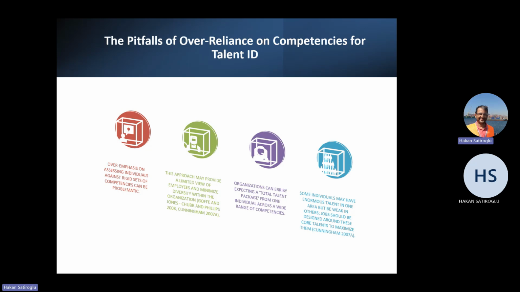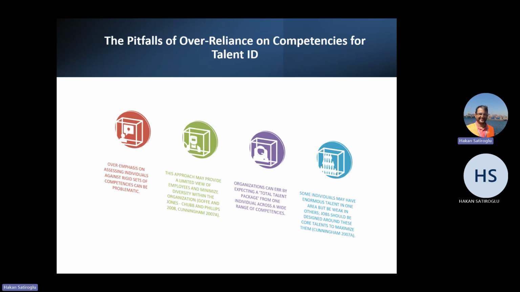True talent identification embraces nuances, diversity, and even including more weak people, and recognizes that brilliance often resides in specialized areas. This is the issue: you are bringing in people who have talent in one subject, but they don't have talent in another subject.